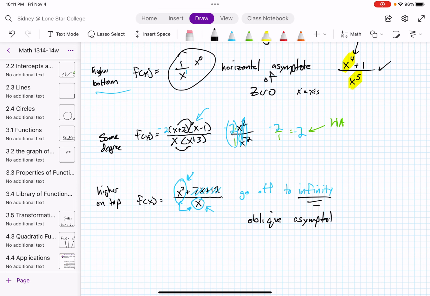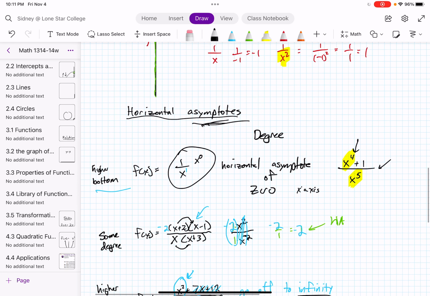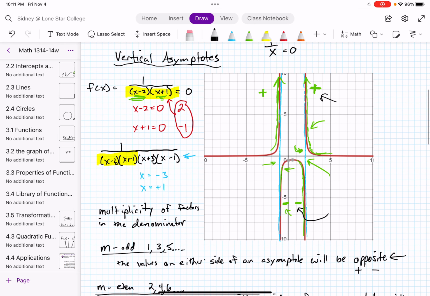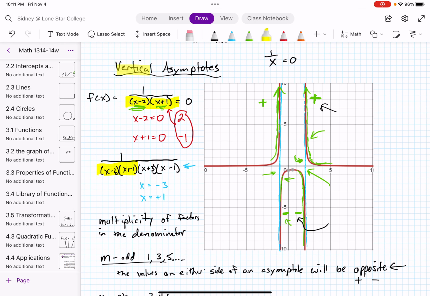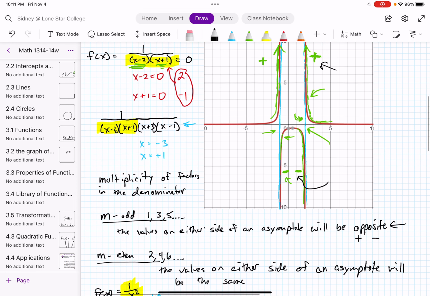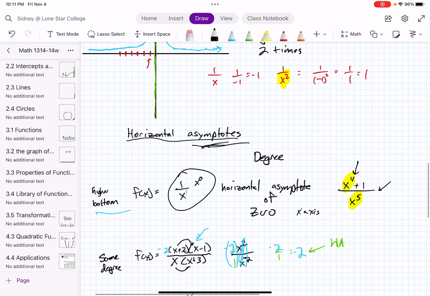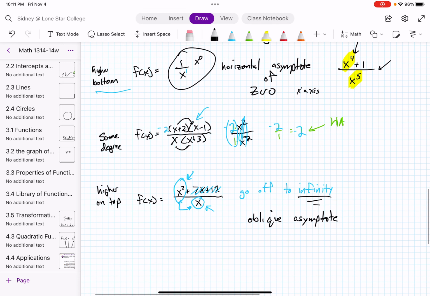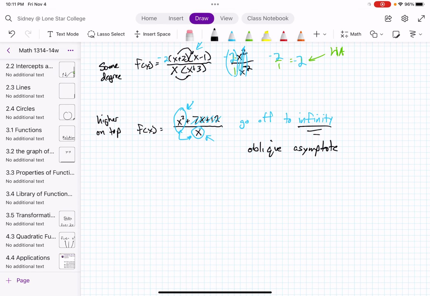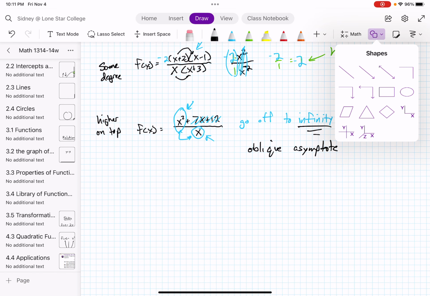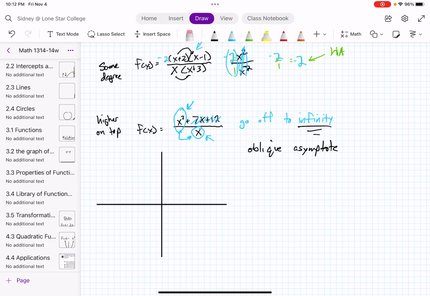Now, a couple important things to note. While a vertical asymptote is absolute, the graph will never ever touch the x value where the vertical asymptote is. Horizontal asymptotes are a little bit softer in that regard. By softer, I simply mean in the middle of your graph, let me just sketch a quick example, there could be some interesting stuff. You might actually have it cross in different places.